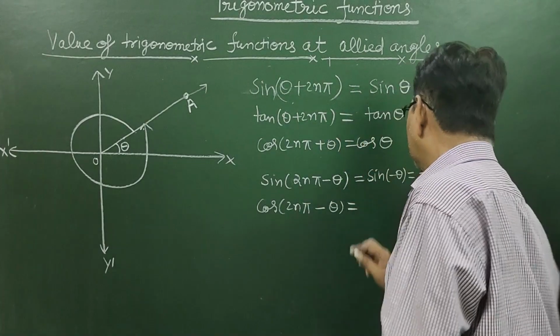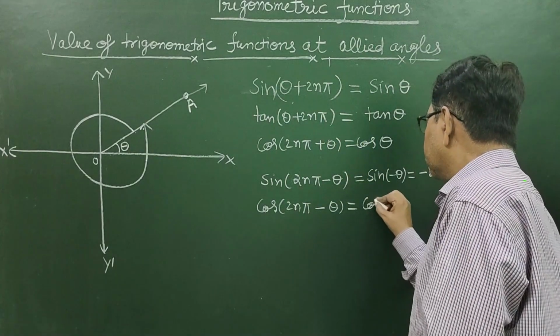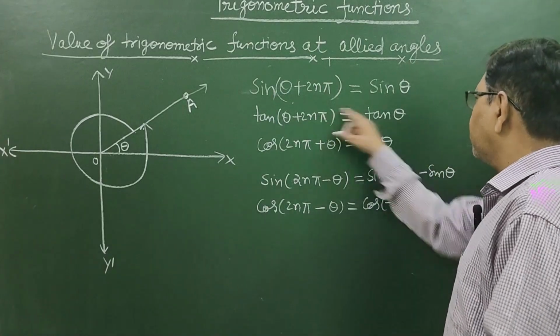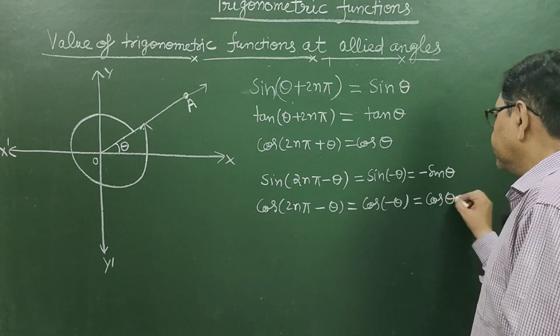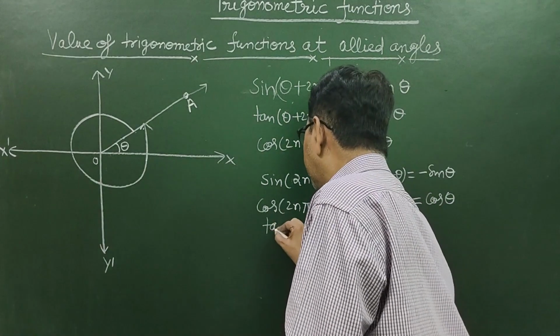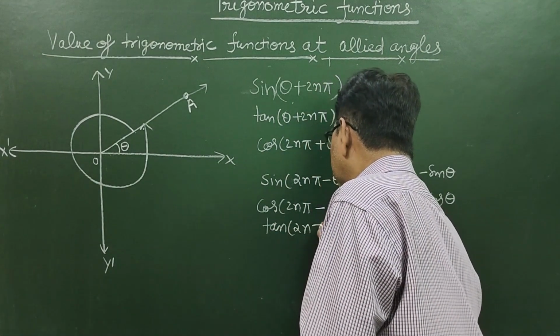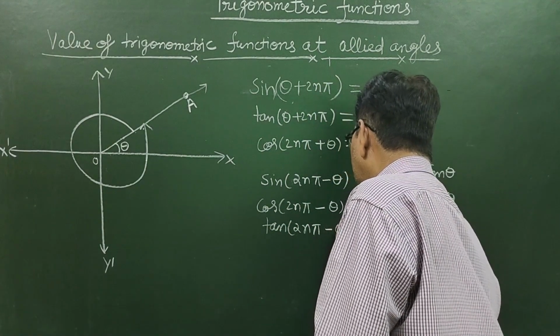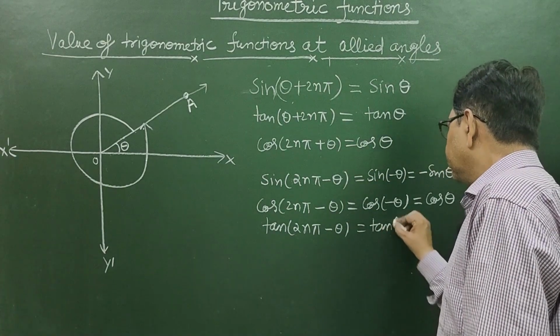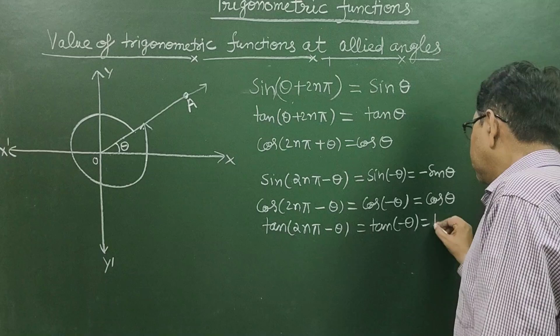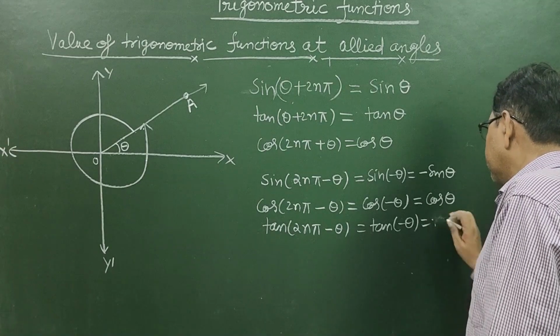is equal to cos of minus theta. Using the same concept here, this will be equal to cos theta. Tan of (2n pi minus theta) will be equal to tan of minus theta, which is equal to minus tan theta.